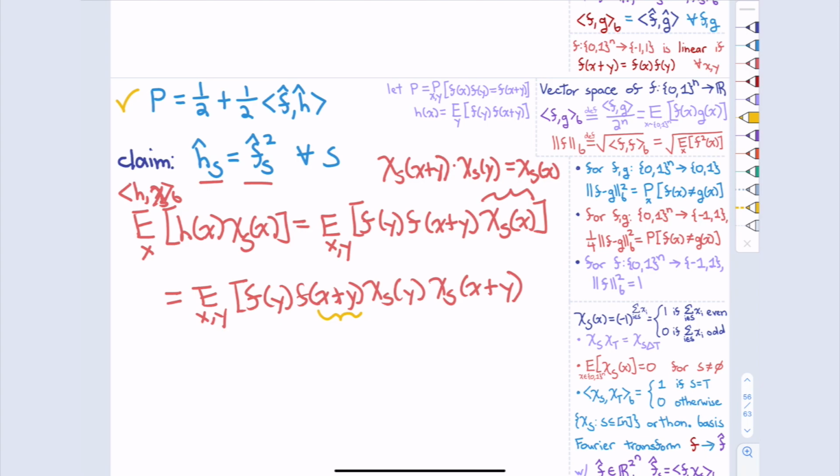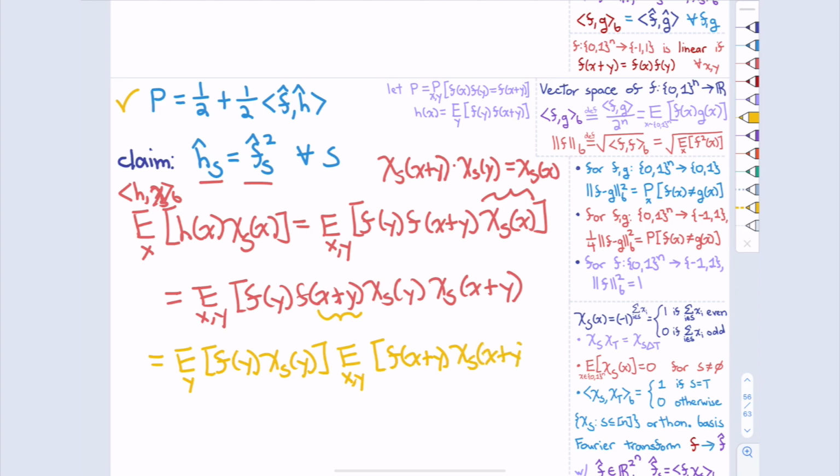So I can actually split these two terms like that.